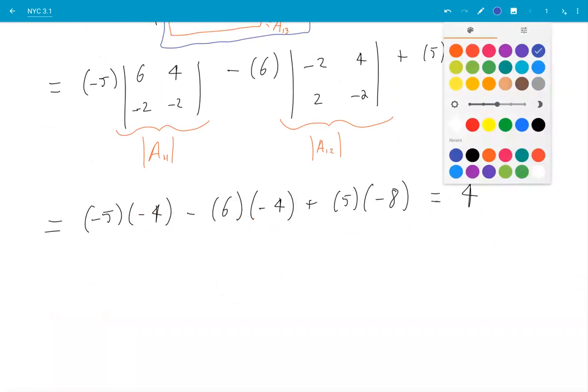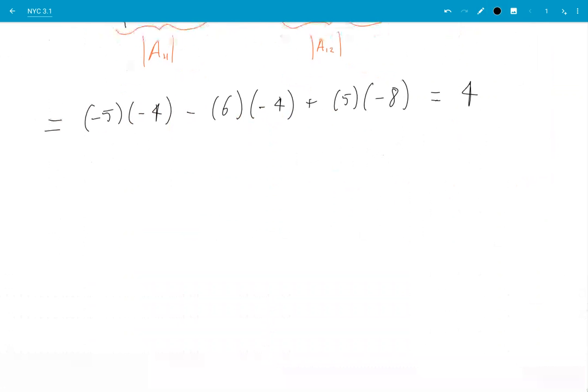Okay, so time for a formal definition of the determinant of any size. So we'll say let A equal, well, in the top I have A11, and I have A12, dot dot dot, say A1N.